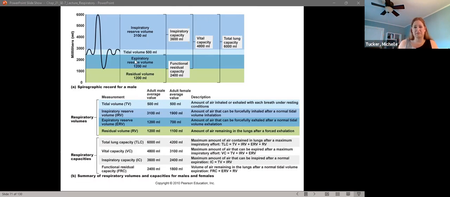It makes a spirogram, and then of course, like computers do, it will calculate the respiratory rate, tidal volume, all four volumes, all four capacities, and it's just right there as a nice little readout. But you should know what each of the volumes are and what they measure, so that you have an appreciation for what these measurements are.